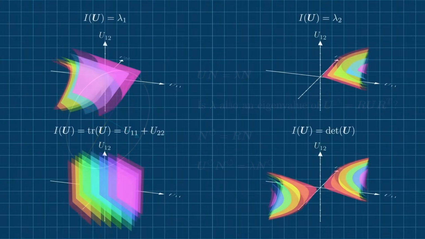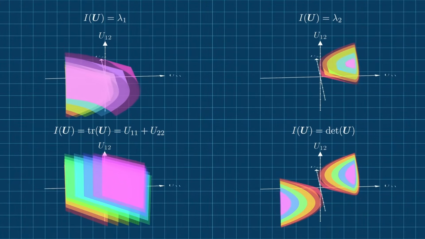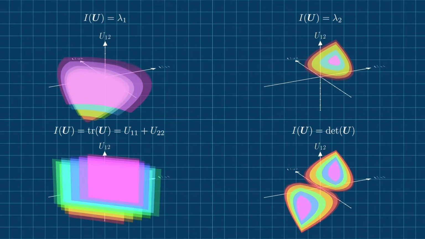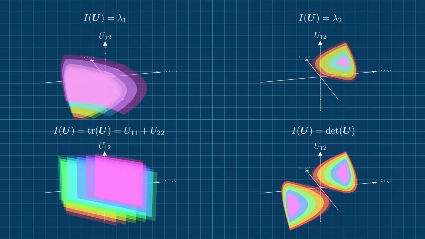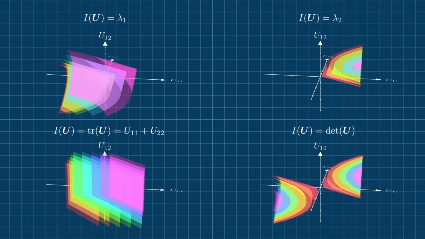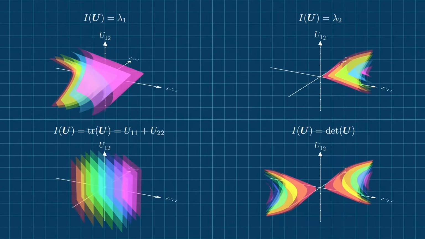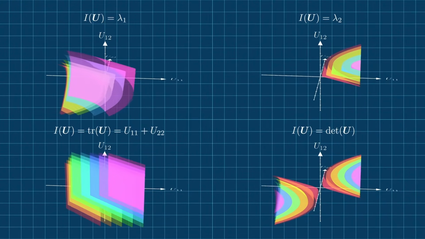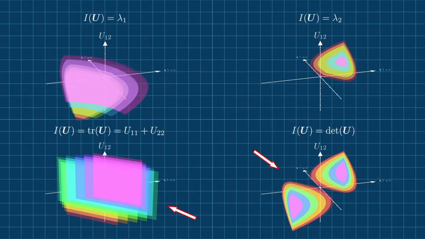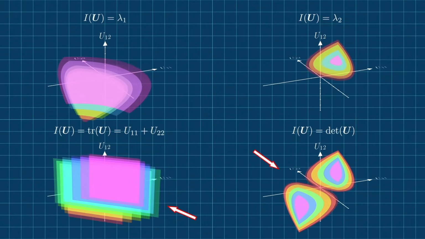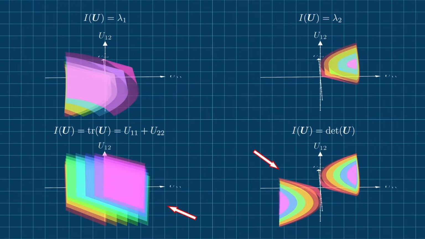We can illustrate the two invariants by plotting surfaces in the tensor component space along which the invariants are constant. Next, we will take a look at how the eigenvalues of U can actually be computed. And interestingly, this will naturally lead us to two other important invariants, the trace of U and the determinant of U. Once again, we recall that lambda is an eigenvalue of U if U times the corresponding eigenvector n equals lambda times n.